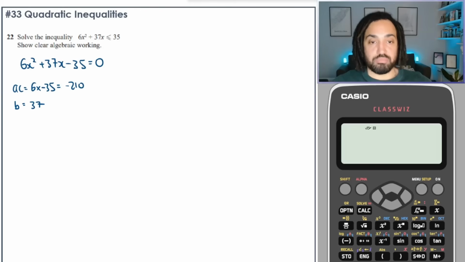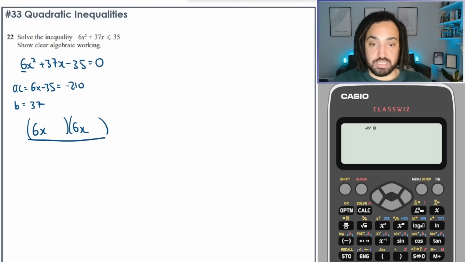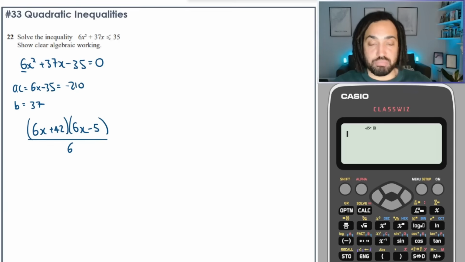Yes, that works. Okay, so this is my method for solving quadratics by factorizing, and we've got a tricky A term. I write 6x, 6x, all divided by 6, and that is because the A term is 6. We put those 2 numbers in, which were plus 42 and minus 5. I then need to take out a factor of 6 or divide one of these brackets by 6.